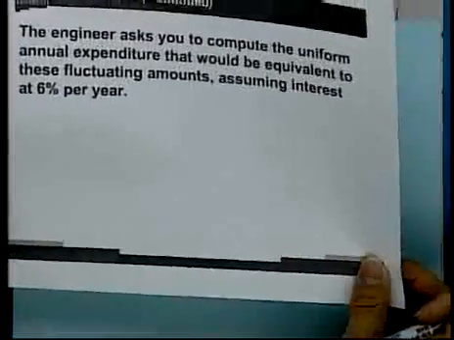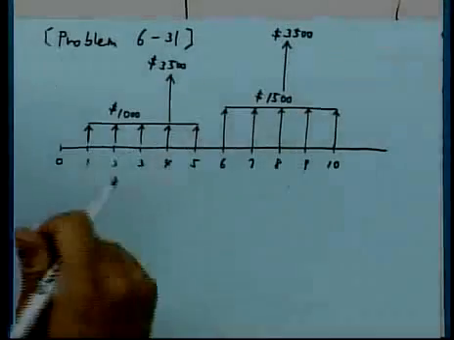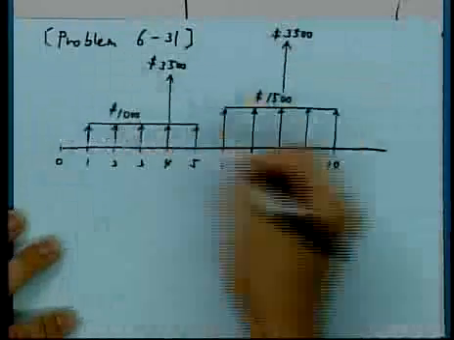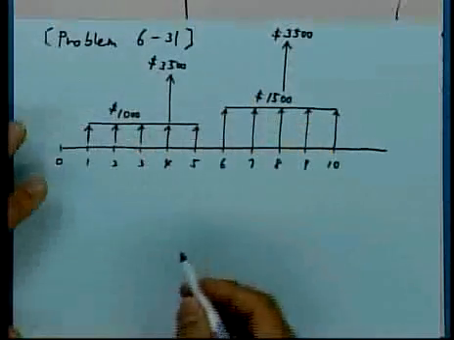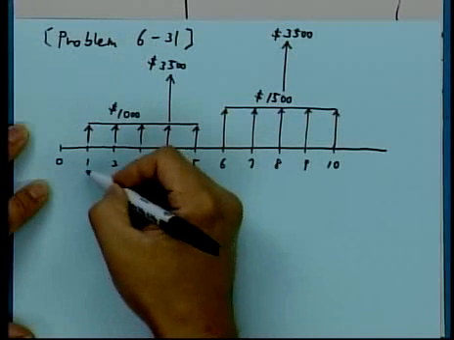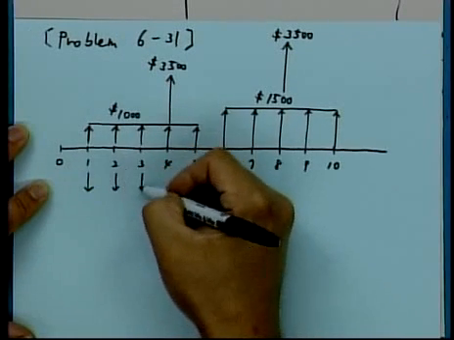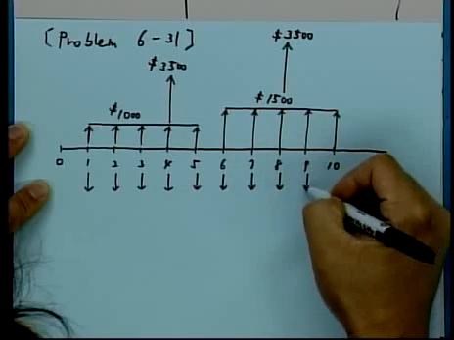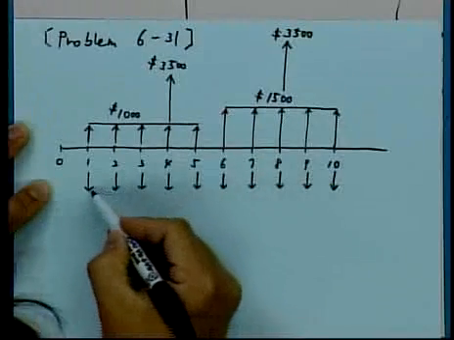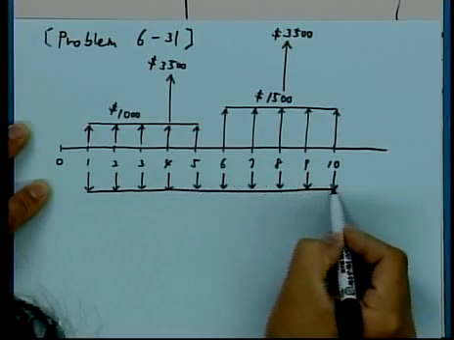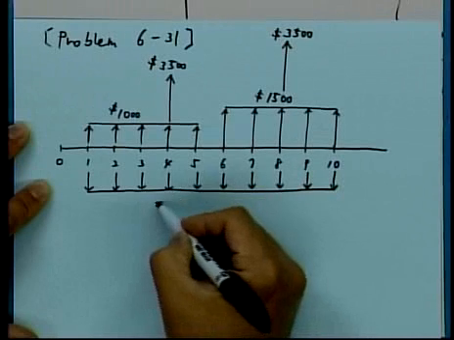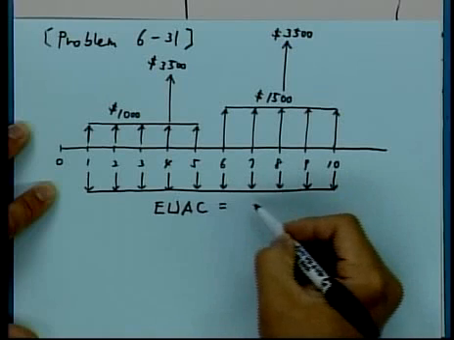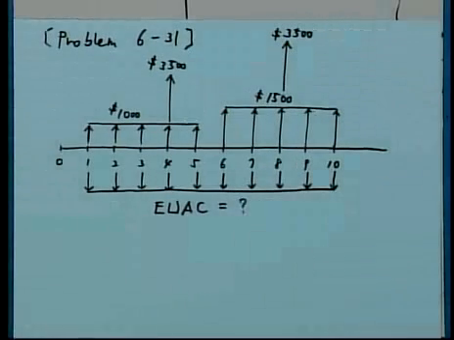And we want to know the uniform annual expenditure that would be equivalent to these positive cash flows, right? So basically, we want to know the equivalent uniform annual expenditure for the next 10 years, okay? So we want to know the equivalent uniform annual expenditure or equivalent uniform annual cost.